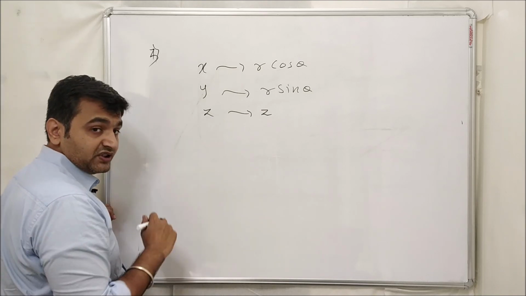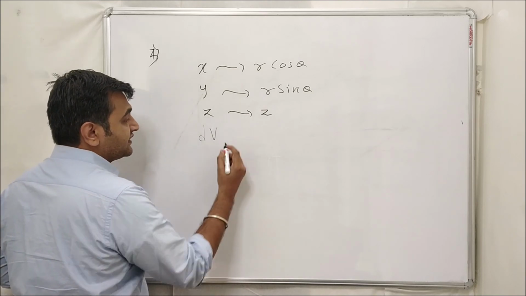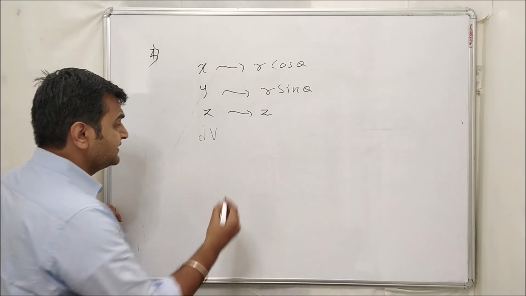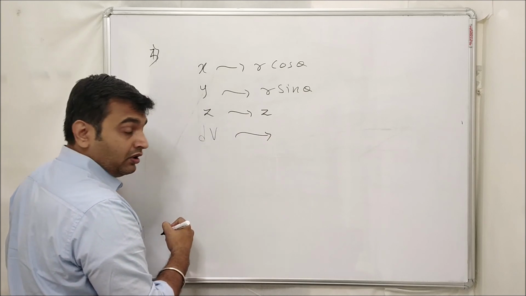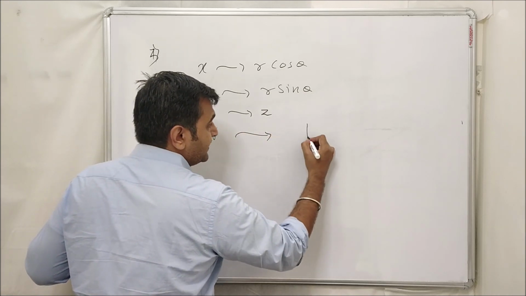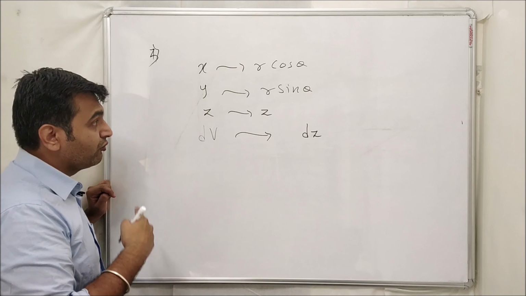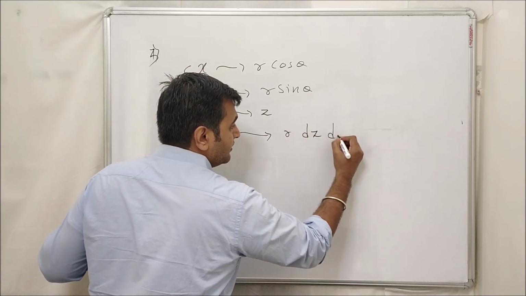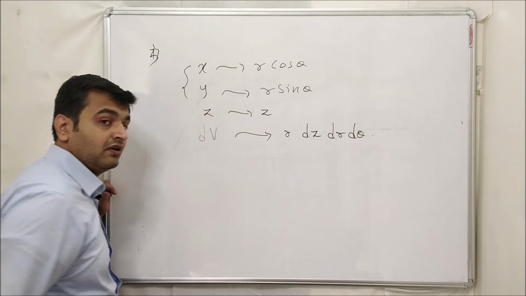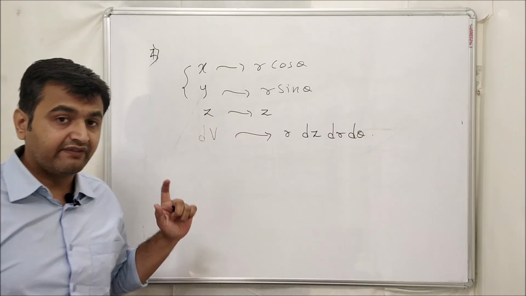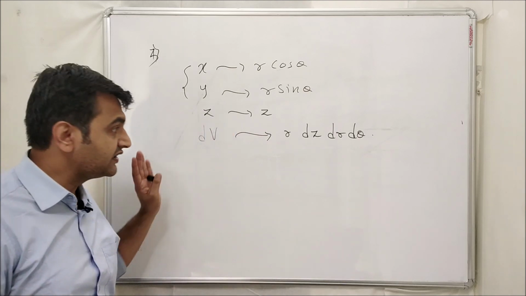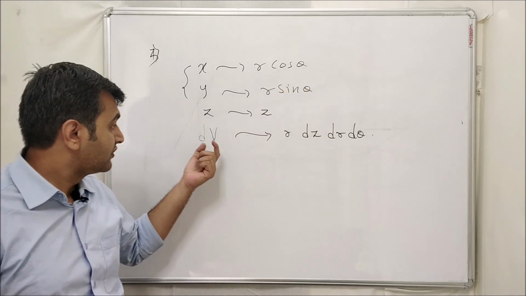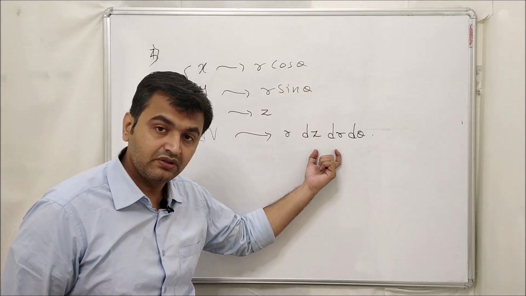With this transformation, dV, which is nothing but dx dy dz or dy dz dx, any of the 6 possibilities, gets converted to what? Since there is no change in z, dz remains as it is. What about dx dy? We know from polar coordinates that this is nothing but r dr d theta. So whenever you are doing this transformation from Cartesian to cylindrical, this is the substitution you do for dx dy, and for dV.